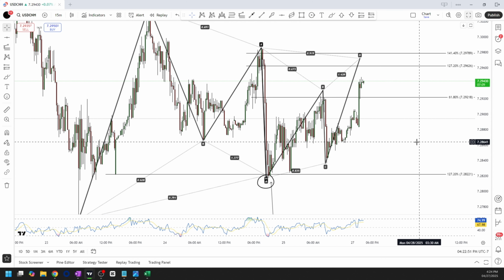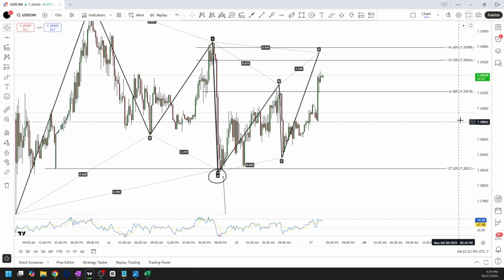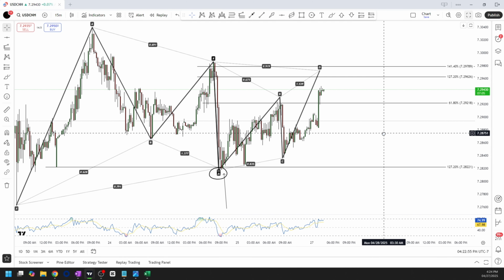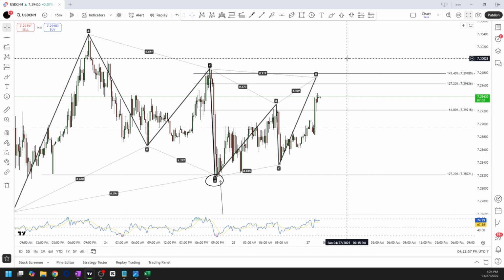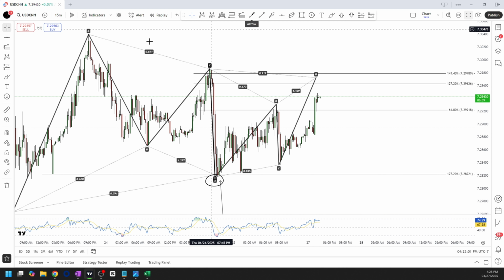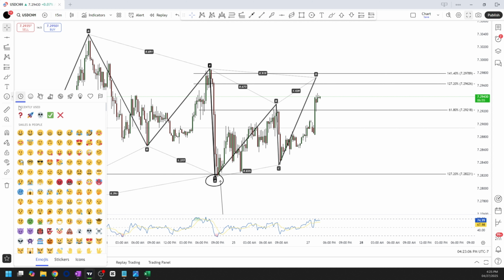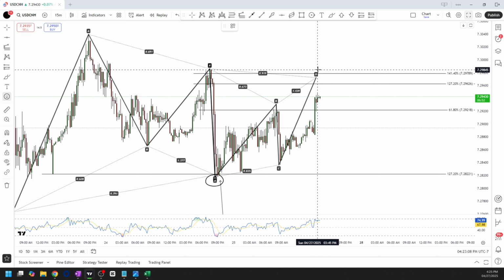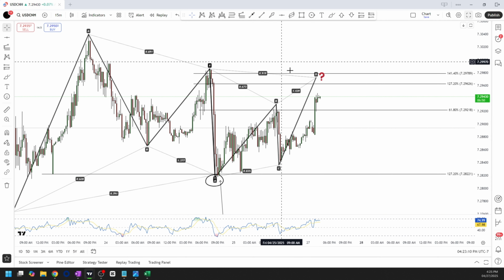Remember, we're in real time and we expect the market to continue to consolidate and move sideways. We don't expect any breakouts or anything like that. We expect a reaction, which will be coming up pretty shortly. We fully expect a reaction right here in this zone once this Gartley pattern fills.